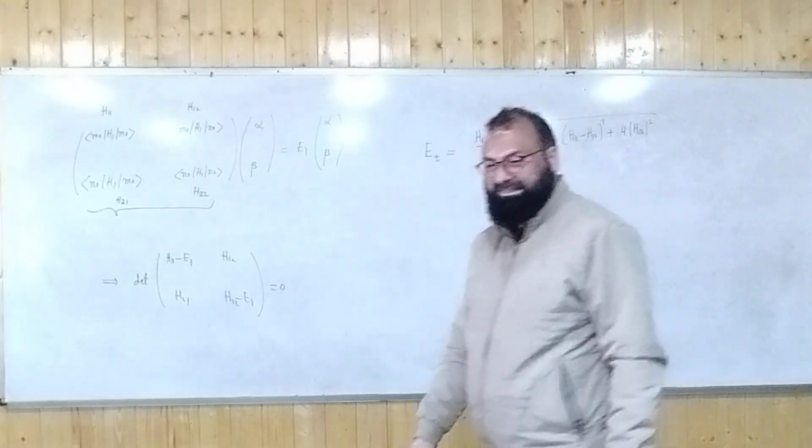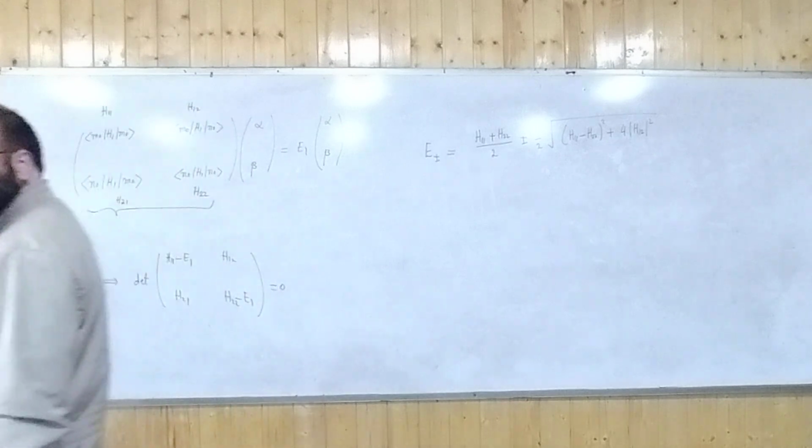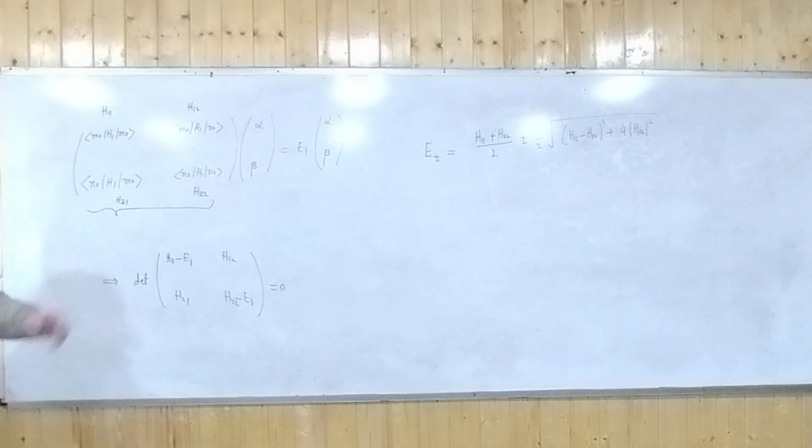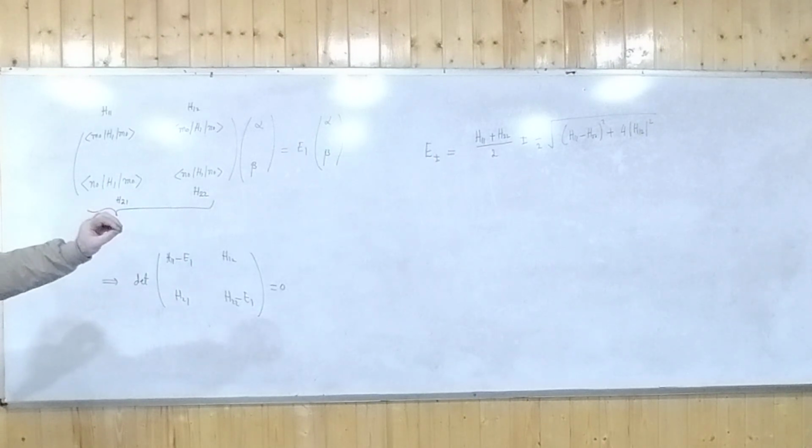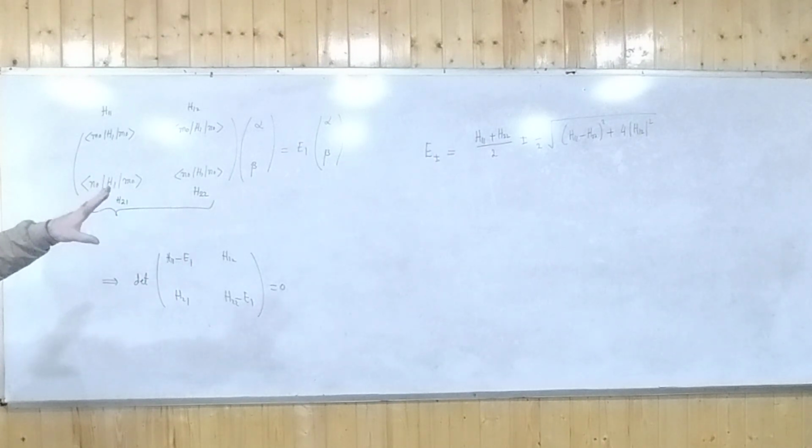So these are the eigenvalues. This is a very fundamental formula for the two-state problem, the very general answer for the energy splitting of the two-level system. Got it? Any question?